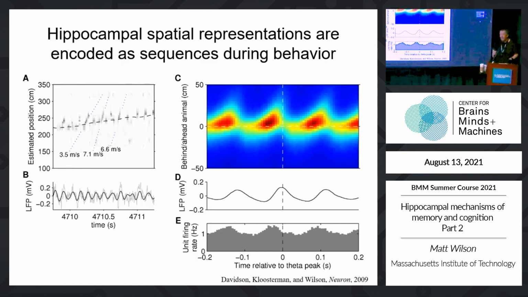If you now average across all the theta cycles, averaging the estimated position as a function of phase, I get this. This diagram shows the relative position decoded as a function of theta phase, and it illustrates that it goes from just behind the animal to just in front of the animal. But there are a couple of other things. One is that it's not strictly linear.